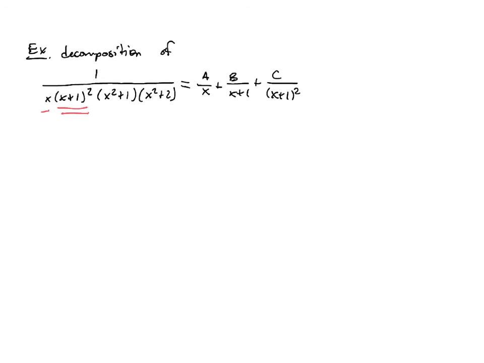And then my first irreducible quadratic factor contributes denominator of x squared plus 1 and numerator of dx plus e, and then my second irreducible quadratic factor contributes another term like that, but with x squared plus 2 in the denominator.